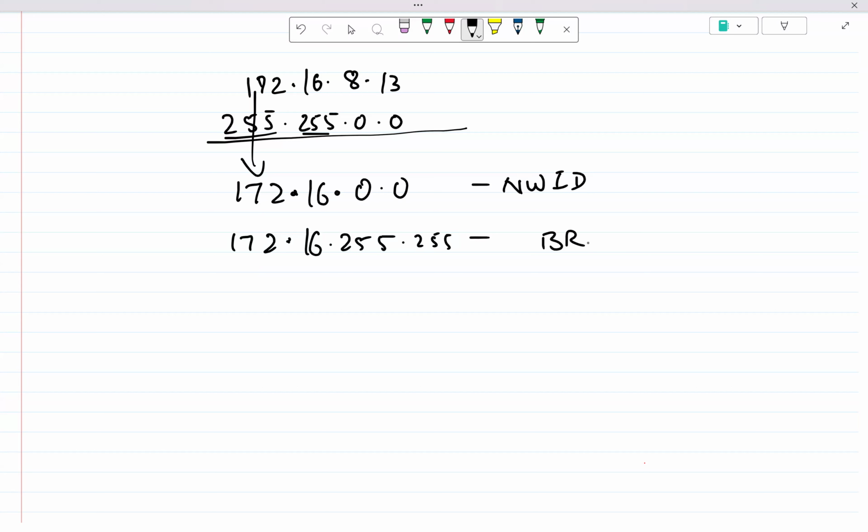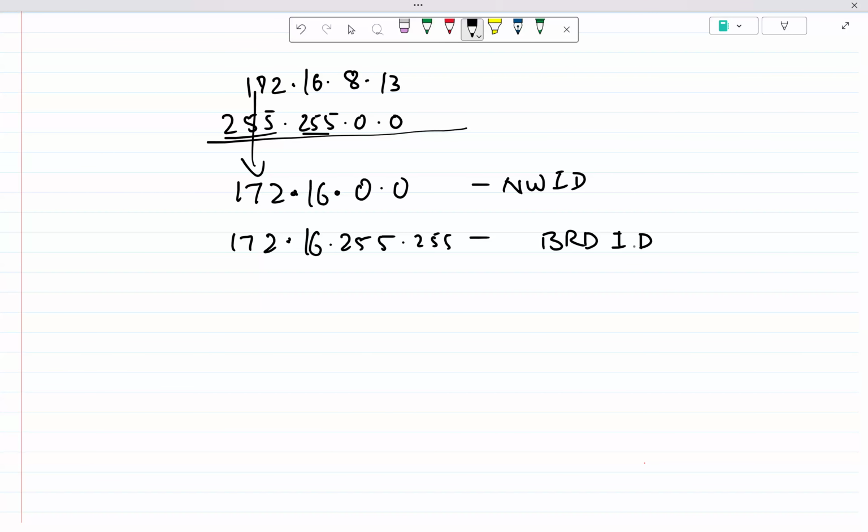So this was a very simple address mask. And we know that in reality, we may not find such a simple address mask in real time, right? And also in real time, we may not have a calculator at hand. On the internet, you can find subnet calculators. They will exactly tell you how many subnets are there, how many hosts are there, what is the network ID, what is the broadcast ID, everything.